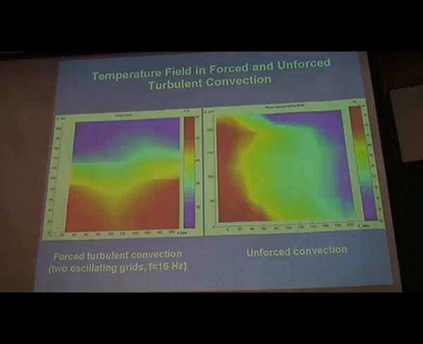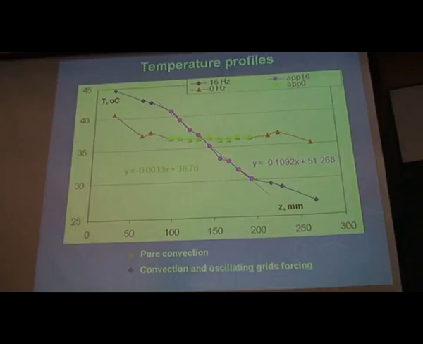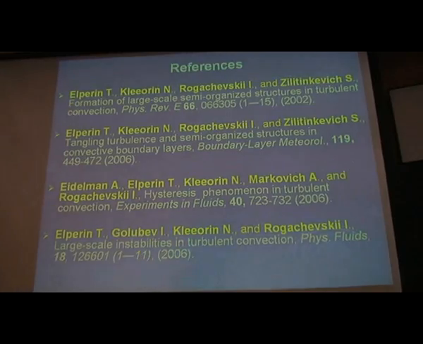But more important, we produce a normal gradient of temperature. This is the gradient of temperature in the usual convective situation, practically zero. And this is the gradient of temperature when the grids work. And this is really interesting, I guess. Now, these are some references that you can find.